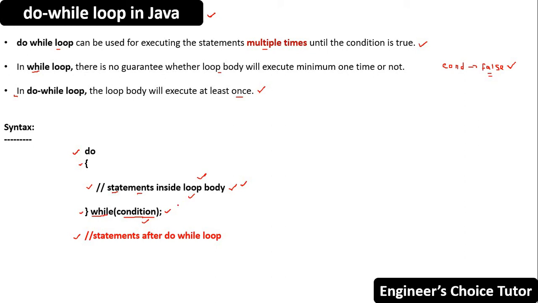So they will execute multiple times until the condition is true, right? And if the condition is false, the control will exit from the do-while loop and the statement after the do-while loop will execute. Am I correct?